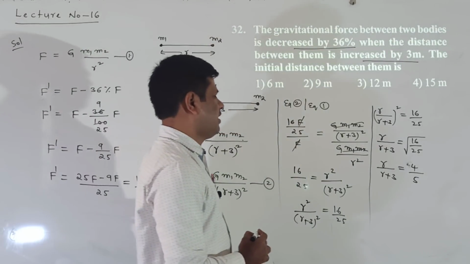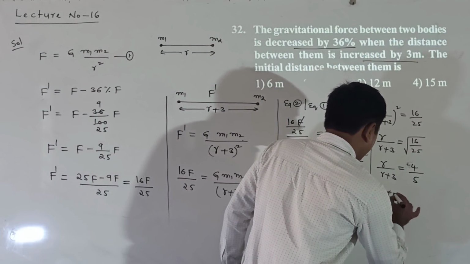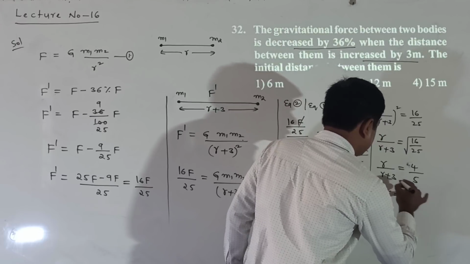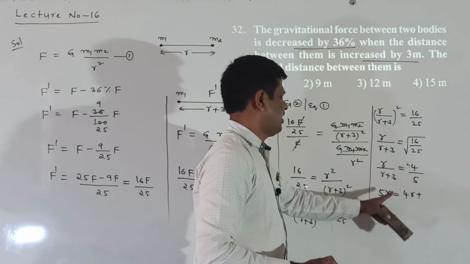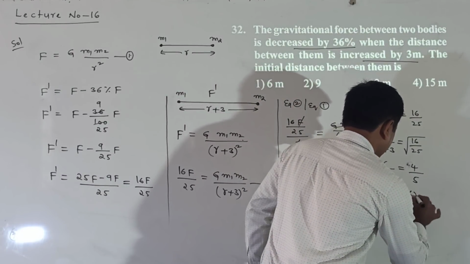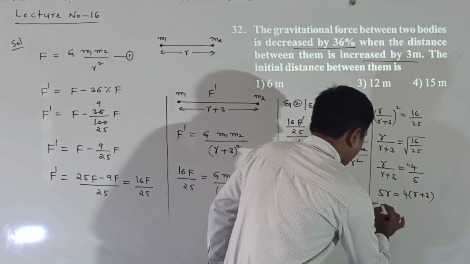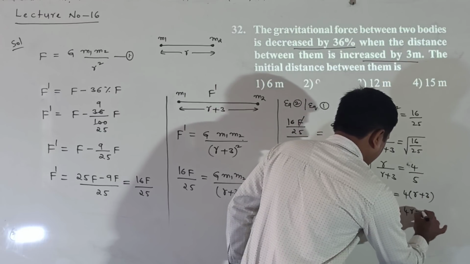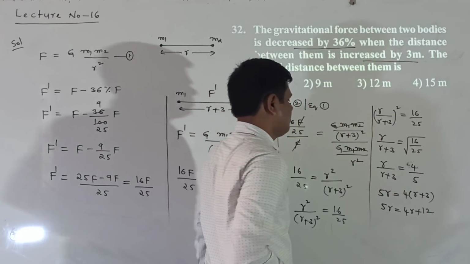Now make the cross multiplication. 5r is equal to 4 into (r plus 3), which is 4r plus 12. 4 3s are 12.